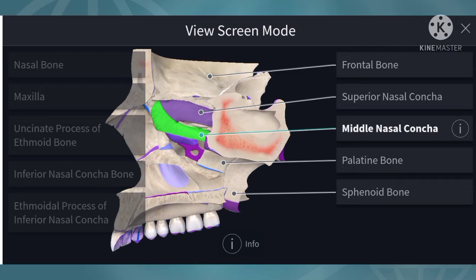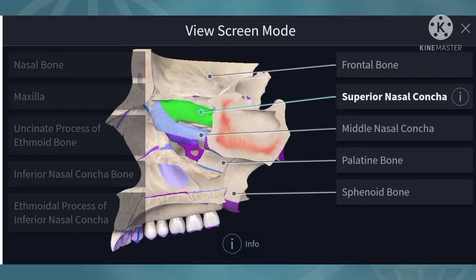And now the superior nasal concha. It is also a projection from the medial surface of the ethmoidal labyrinth. This is the smallest concha, situated just above the posterior part of the middle concha.